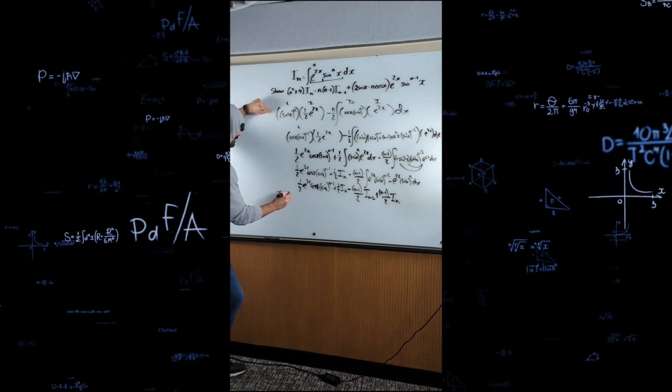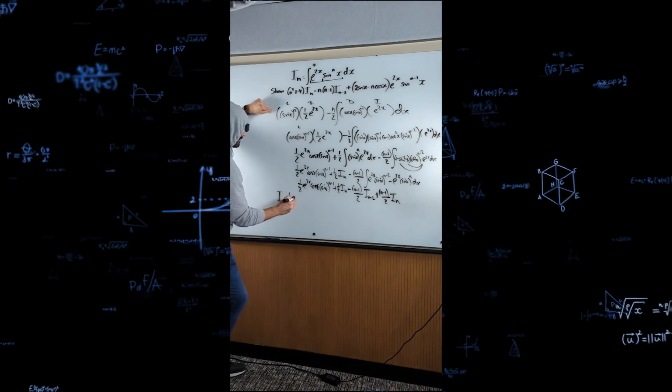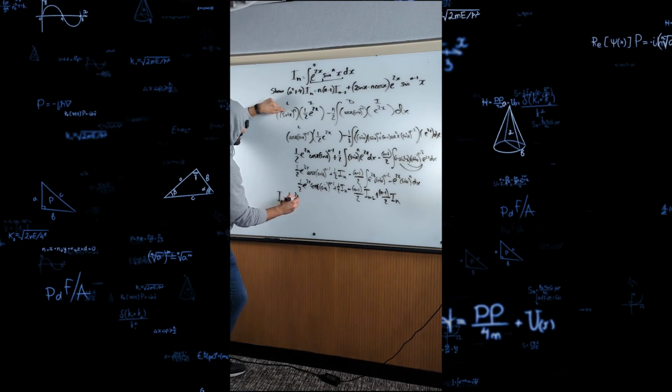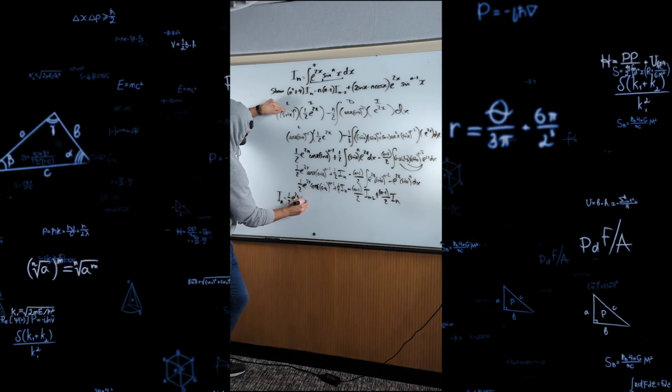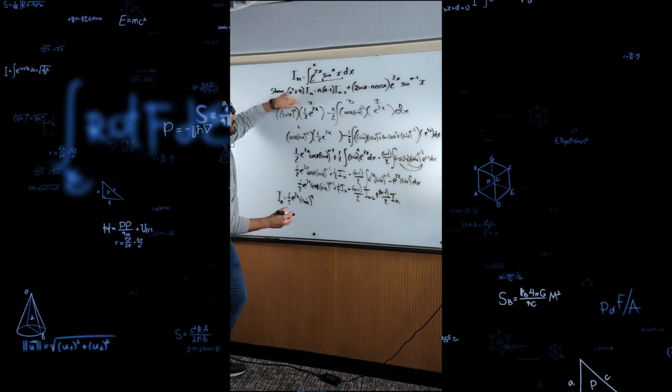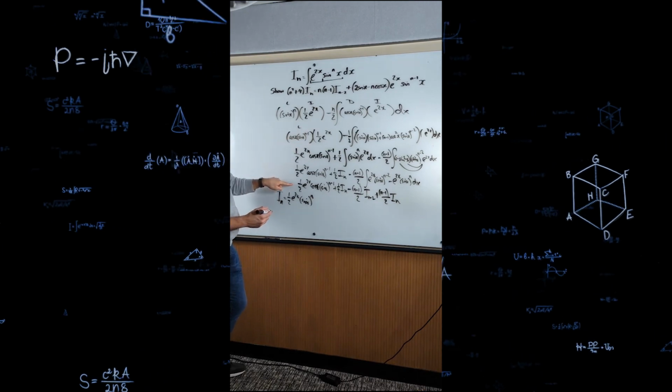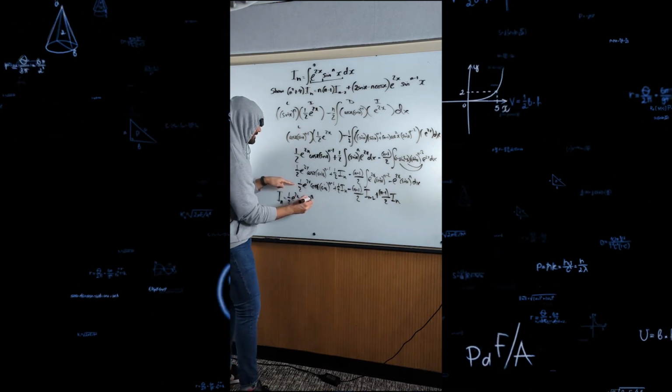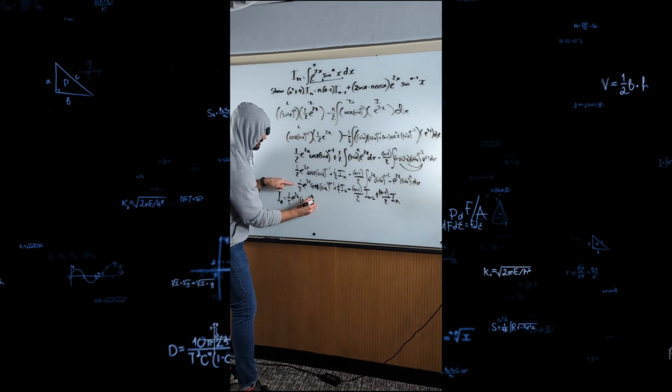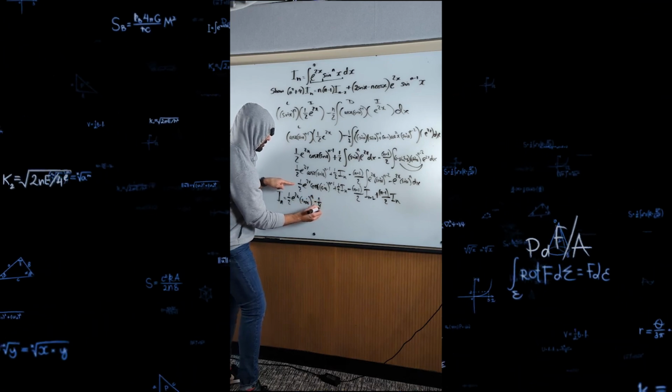Half e to the 2x sine x to the power of n minus n over 2 times all of this. Times that by minus n over 2. Minus n over 4.